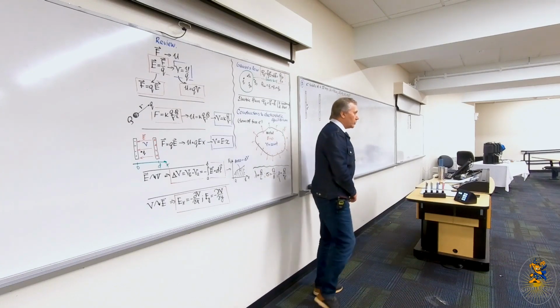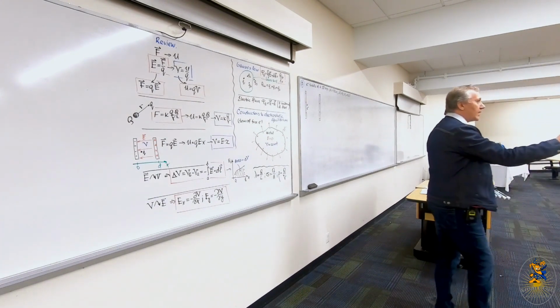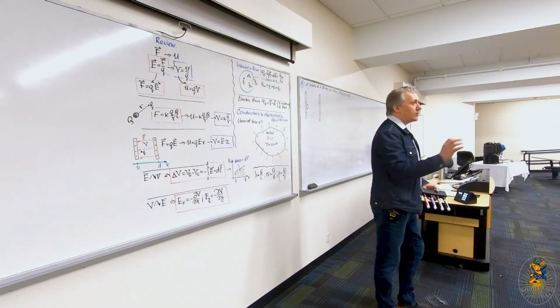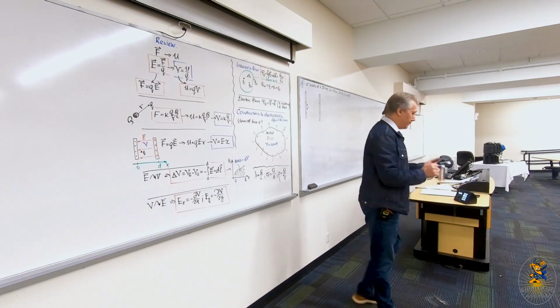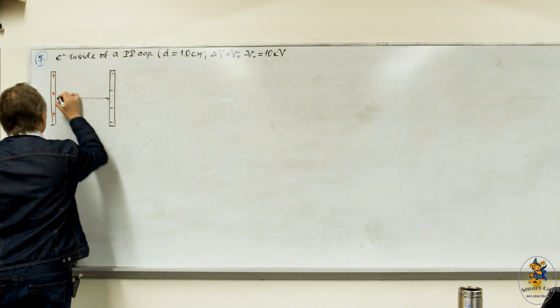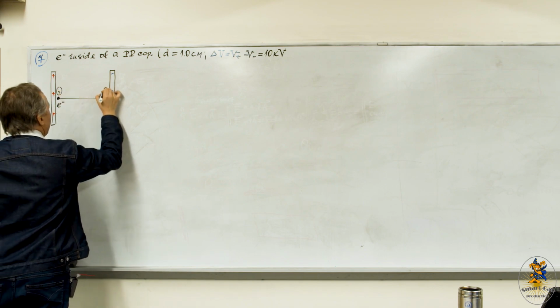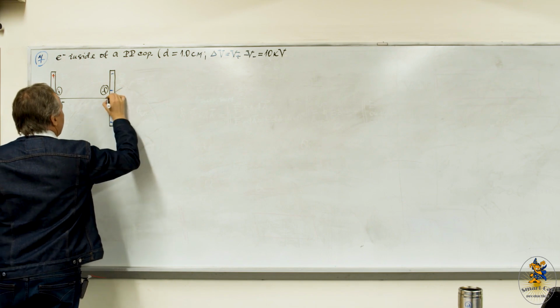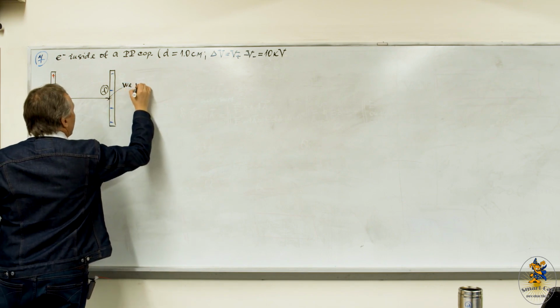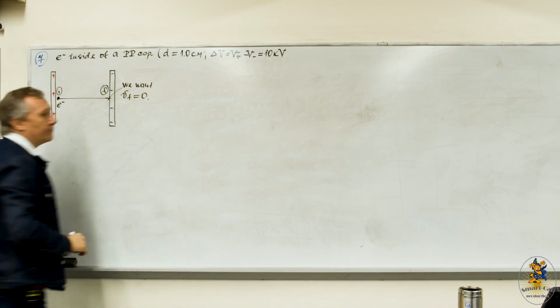So you need to find the initial velocity so that the electron would just reach the negative electrode with 0 final speed. So this will be the trajectory. This is the initial point. This is the final point. And essentially, we want V final to be 0.